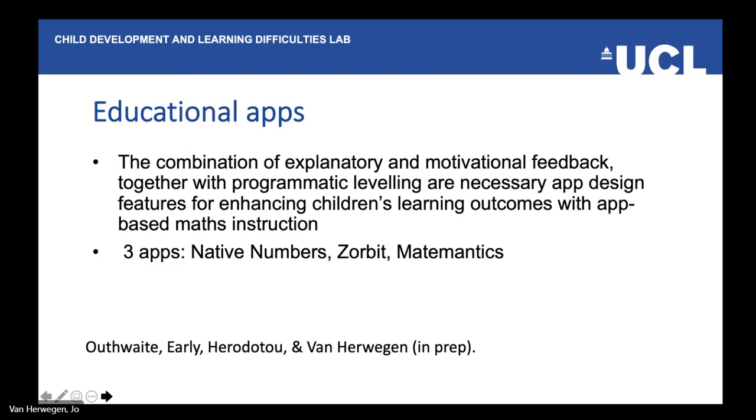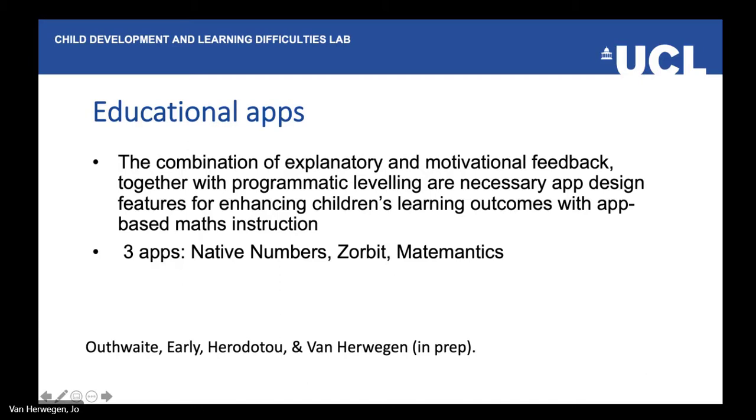What we found was that it's not just having feedback, because sometimes in an app you can have feedback that is motivational, like keep going, you're doing well, or you can have explanatory feedback, like that was wrong because you made a counting error. That's explanatory feedback. What we found was that it's the combination of explanatory and motivational feedback, as well as leveling, that makes an app better at enhancing children's learning outcomes.